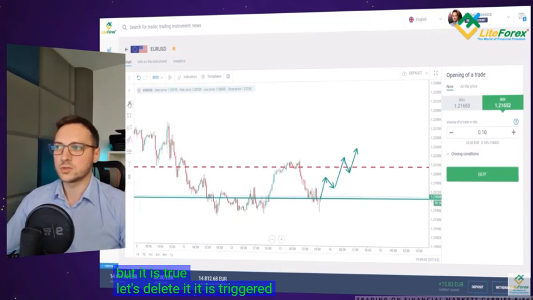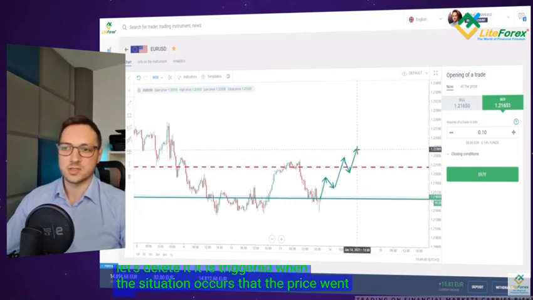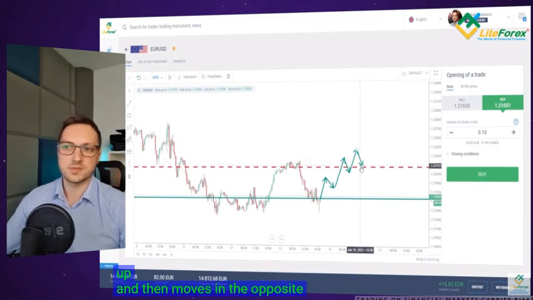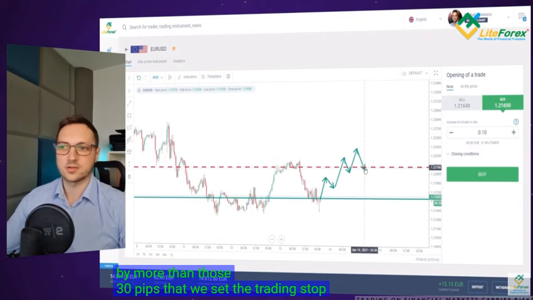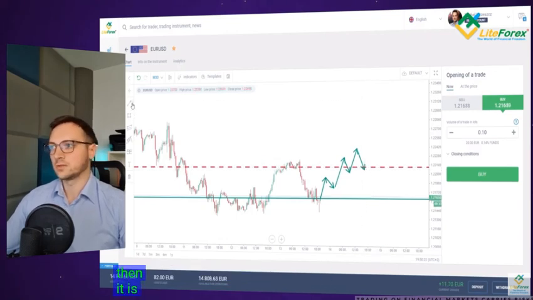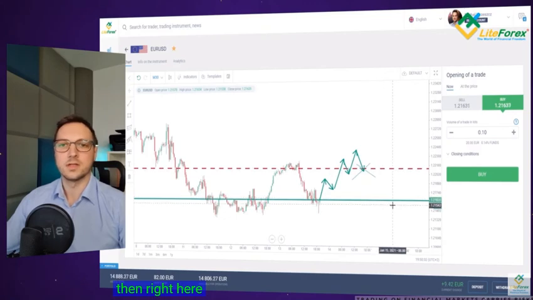It is triggered when the price went up and then moves in the opposite direction by more than those 30 pips that we set the trailing stop. Then it is triggered. Then right here the stop loss occurs.